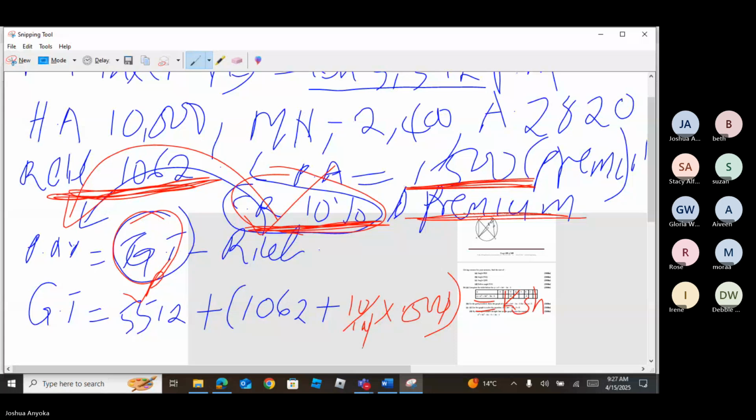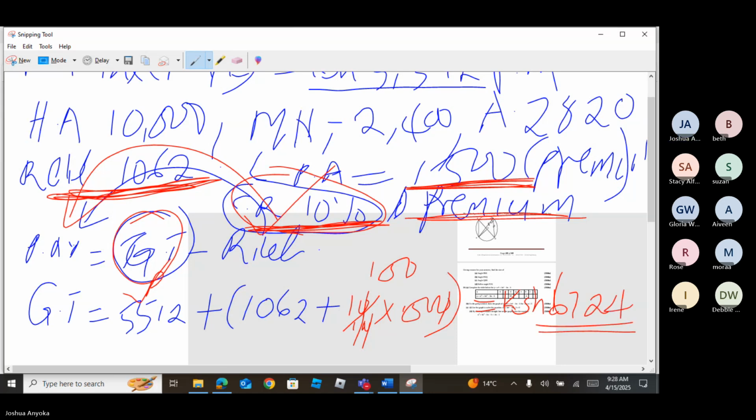This is 150. 1,062 plus 150 is 1,212. Adding 5,512, what do you get? 6,724.